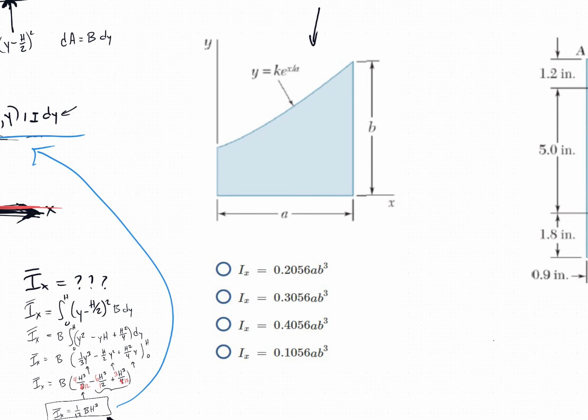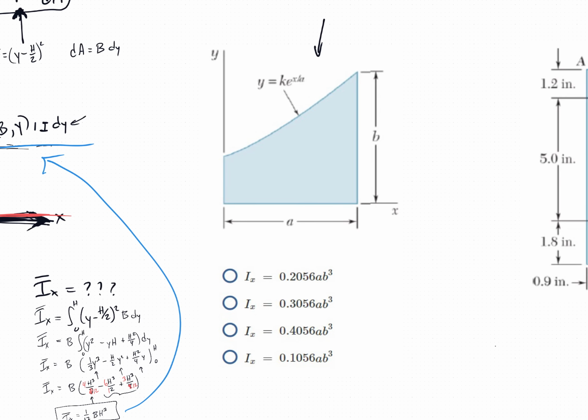Now, we want to know, once again, so what's going to be important here when you work these is to note right off the bat which axis you are looking for. For this case, the question, although I've kind of erased it, was Ix equals question mark. So Ix means, what is the moment of inertia relative to this axis down here at the bottom?